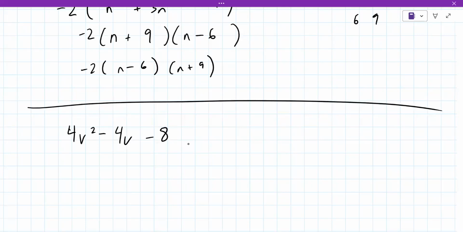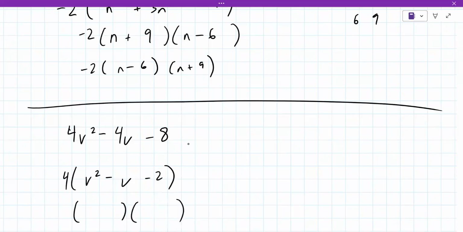And then that would be v squared minus v minus 2. Keep in mind your letters are v this time.